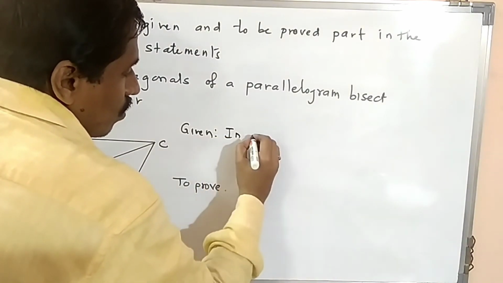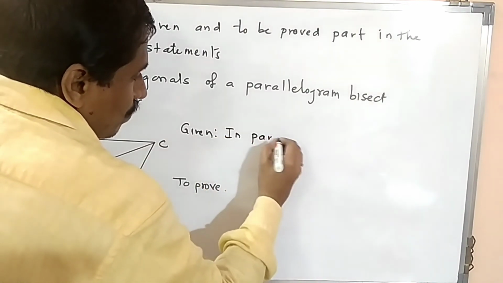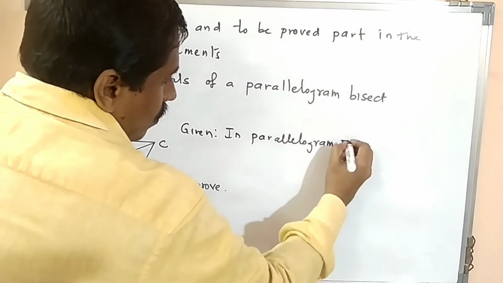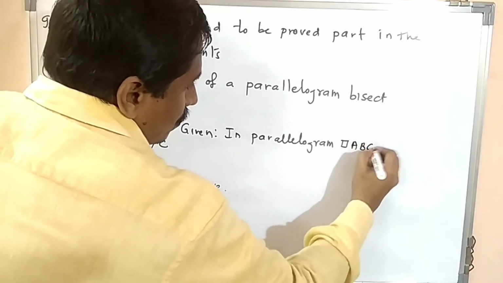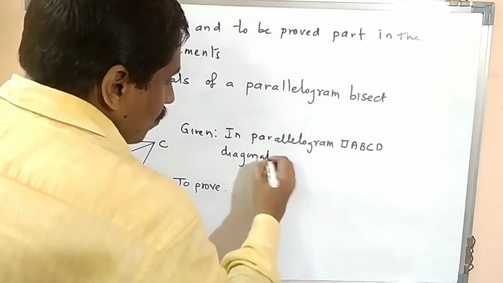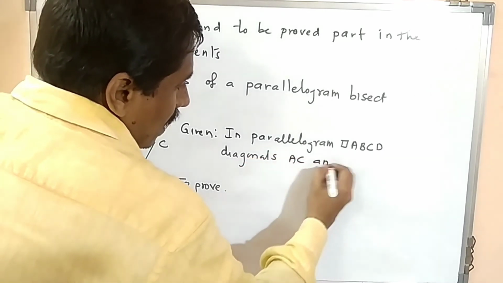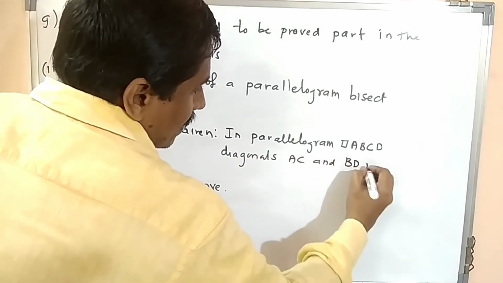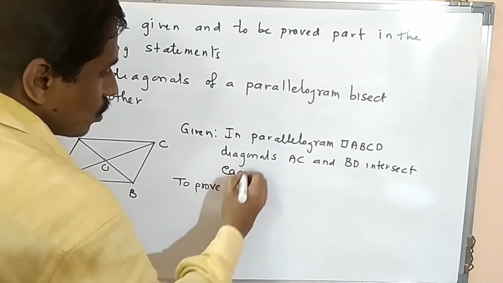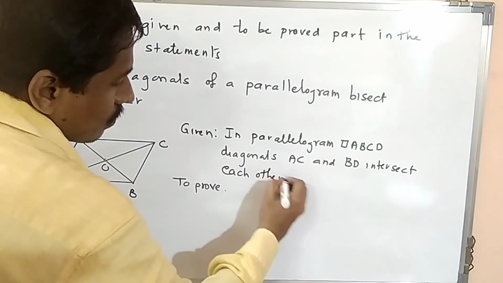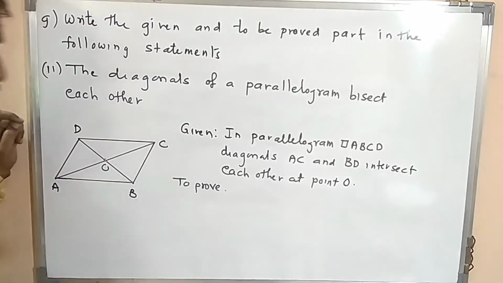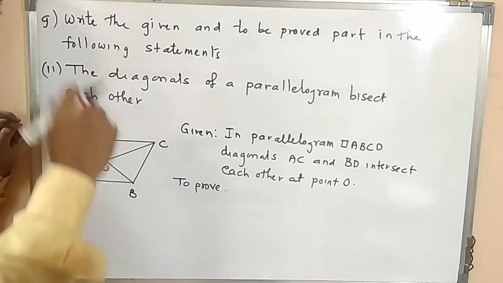In parallelogram ABCD, diagonals AC and BD intersect each other at point O. Then they bisect each other. What do you mean by they bisect each other?